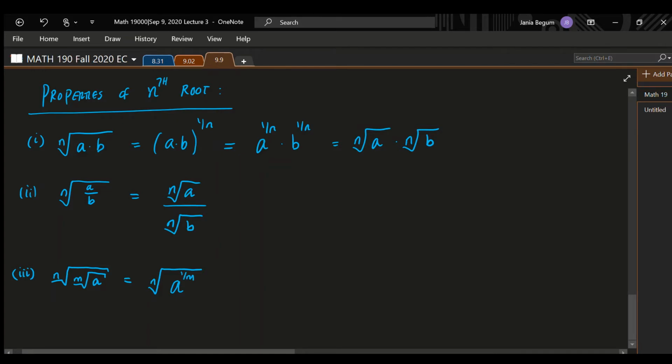Right. Good. And now we rewrite the nth root. So that would be what? We keep the inside, a to the 1 over m, and rewrite the nth root, that's 1 over n. Okay, let me know if you guys follow. Make sense?